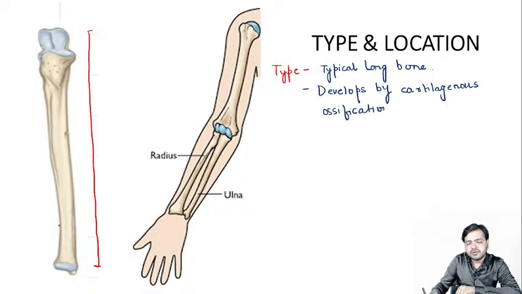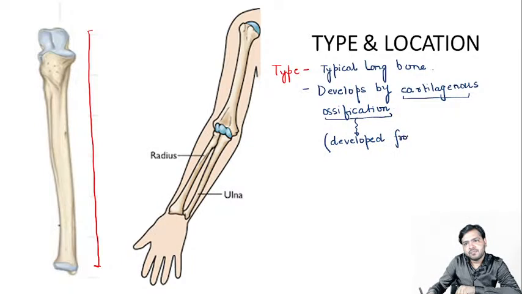And whenever we talk about the term cartilaginous ossification, it simply means that the bone is developed from hyaline cartilage.